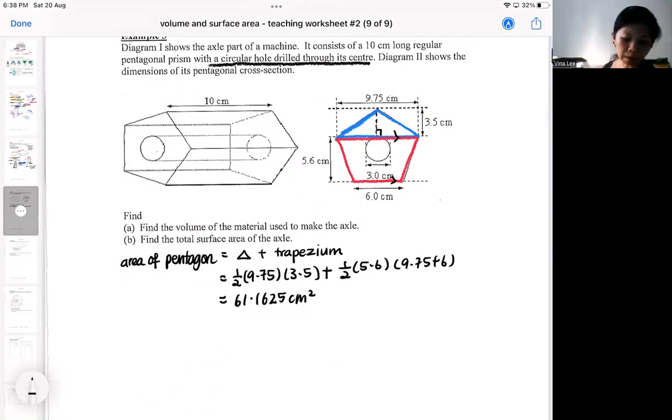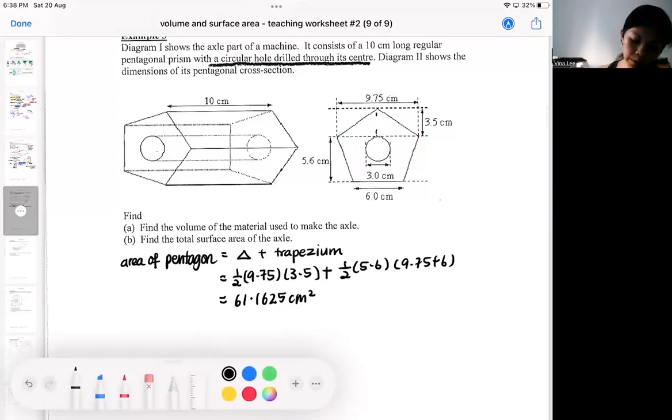Okay, so I hope I never press wrongly. Let me double check. Yep, correct. Okay, don't forget a hole was drilled. So actually I got to find out about the hole. So I got to subtract the hole.